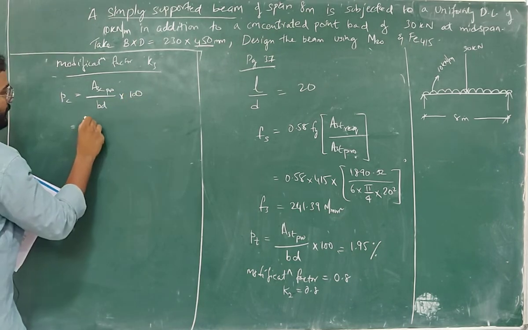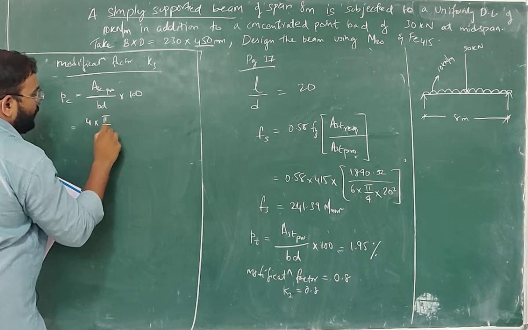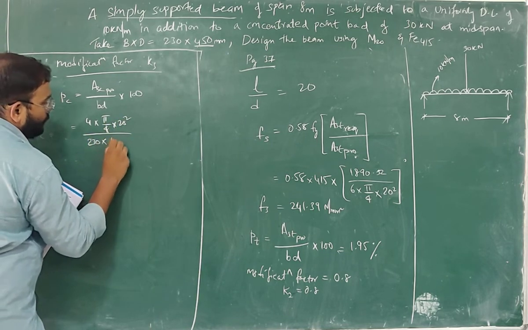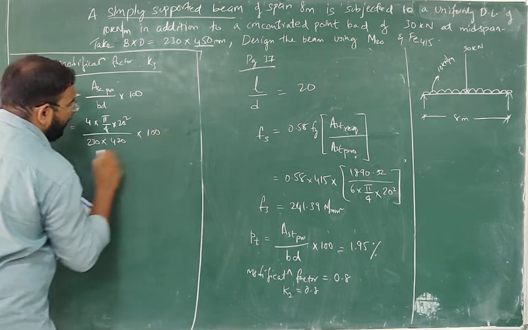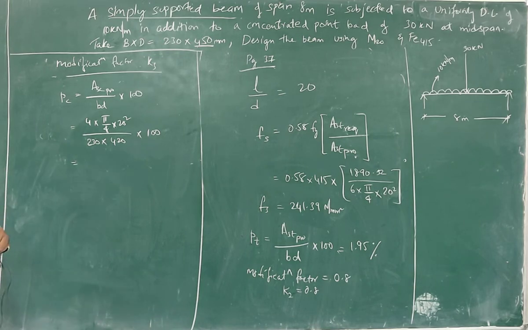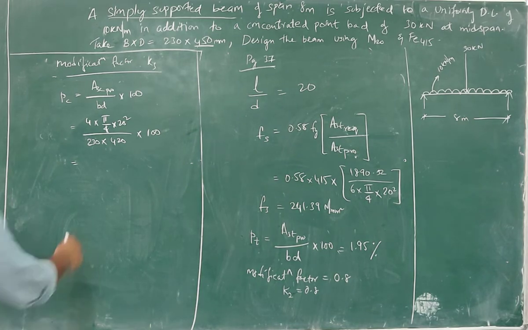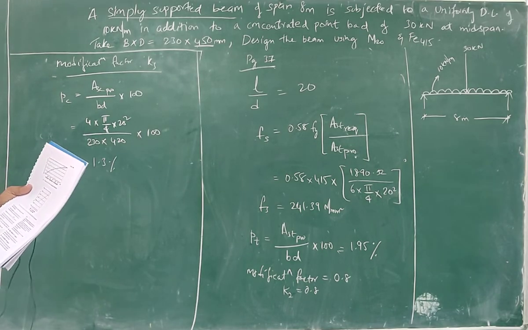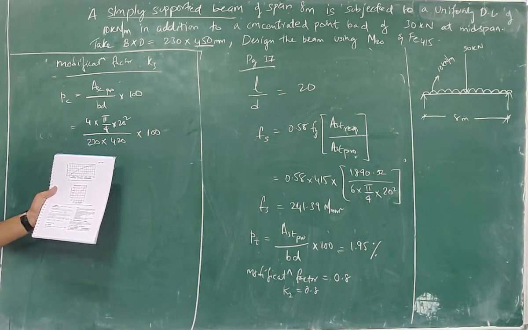So this will be 4 into pi by 4 into 20 square divided by 230 into 420 into 100. 4 into 314 by 23 into 42. 1.3%, correct. 1.3% is the total compression reinforcement you provided.